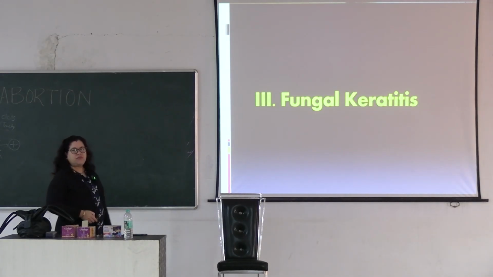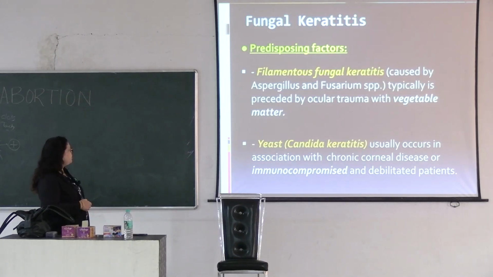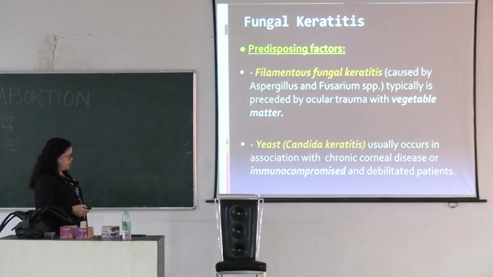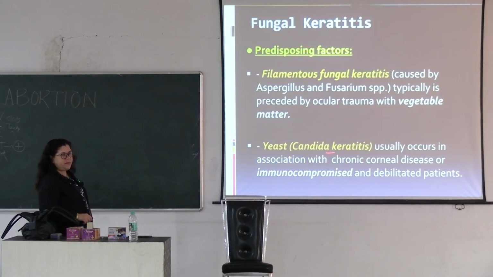Then we come to fungal keratitis. Fungal keratitis means a corneal ulcer caused by fungus. Predisposing factors: there are two kinds. If filamentous fungi are involved, it is called filamentous fungal keratitis, and if it is caused by Candida, it is called yeast or Candida keratitis.